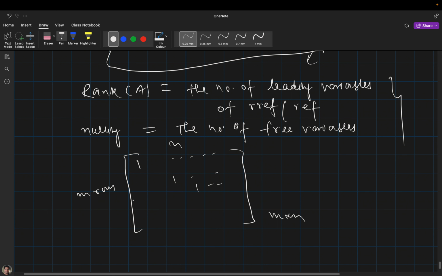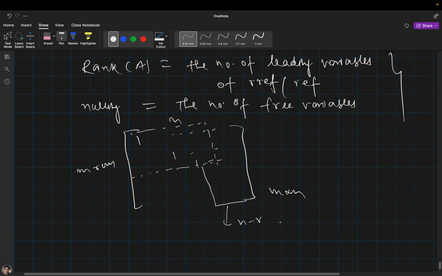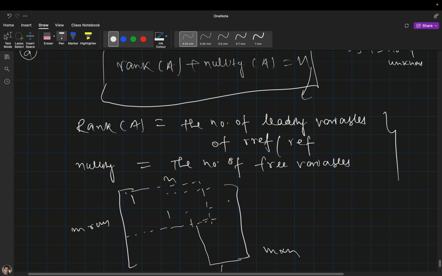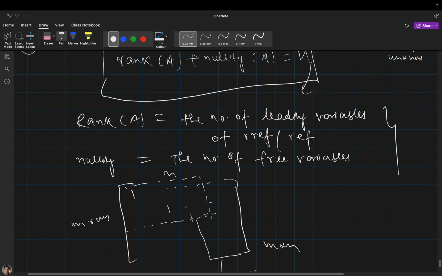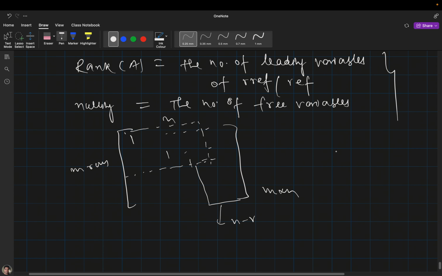So this number, whatever it is, is the rank, and whatever you left is n minus r, that is called nullity. Are you getting what I'm trying to say? The number of free variables is called what? Nullity.